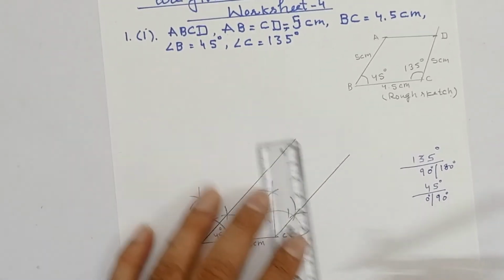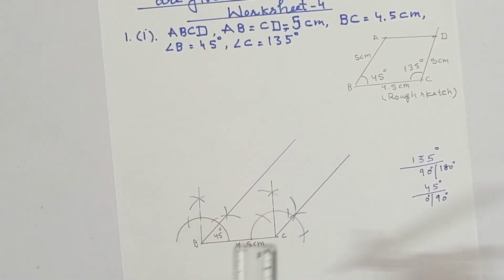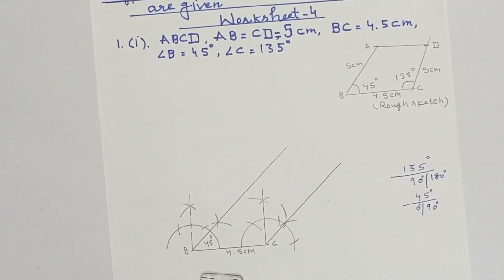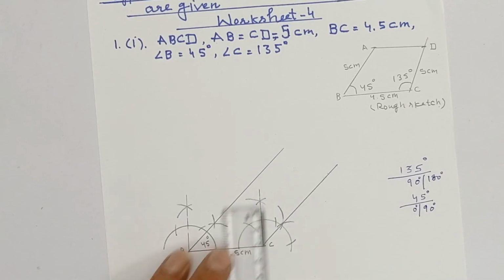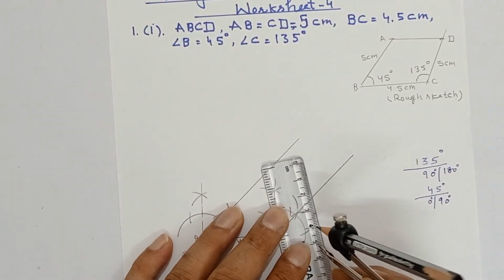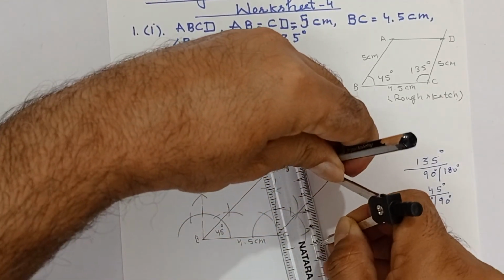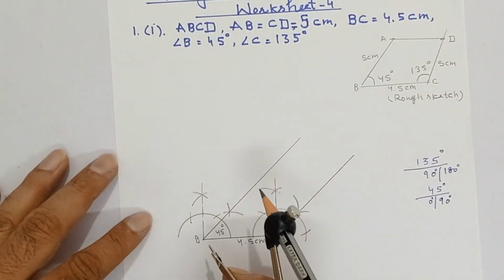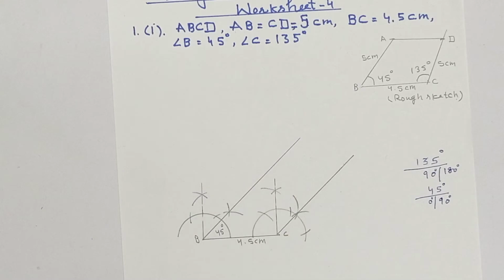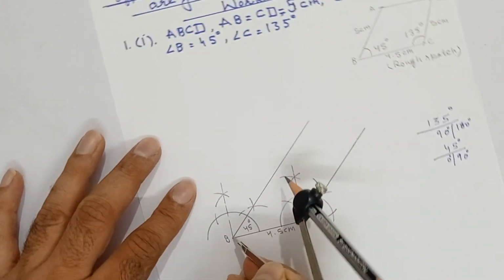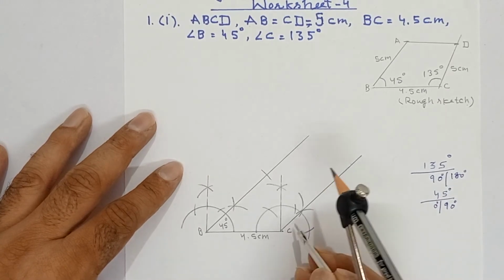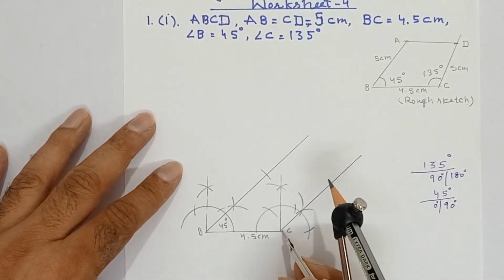So take the compass and scale. Open. AB is 5 centimeter. Now you can see here 5 centimeter. This way you will open 5 centimeter. AB, 5 centimeter. Cut an arc of 5 centimeter. What about CD? CD is also 5 centimeter.